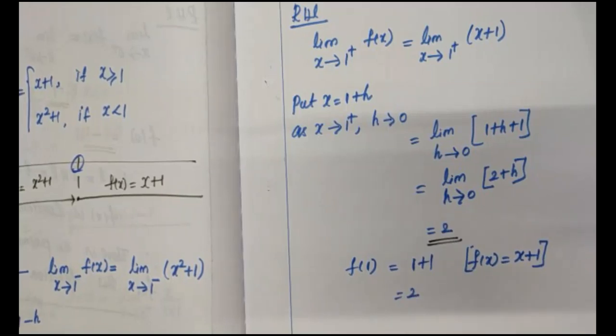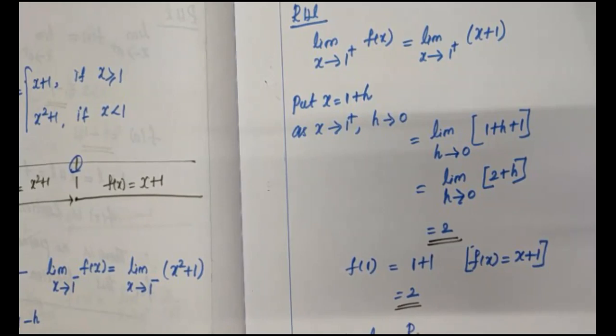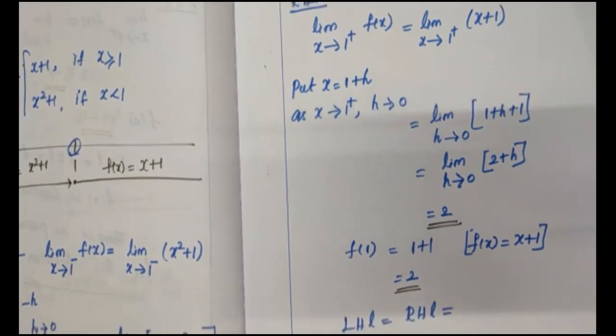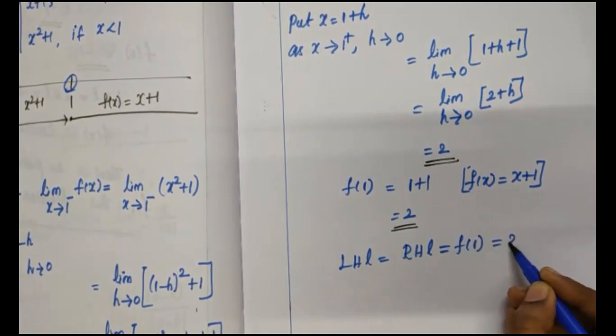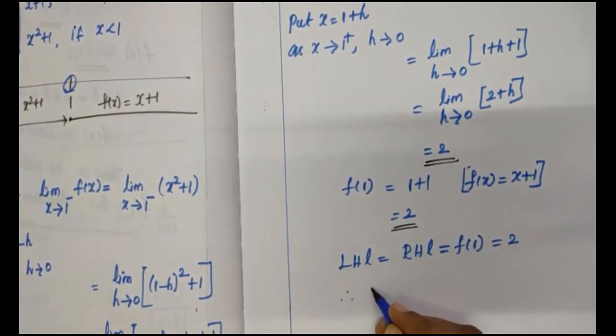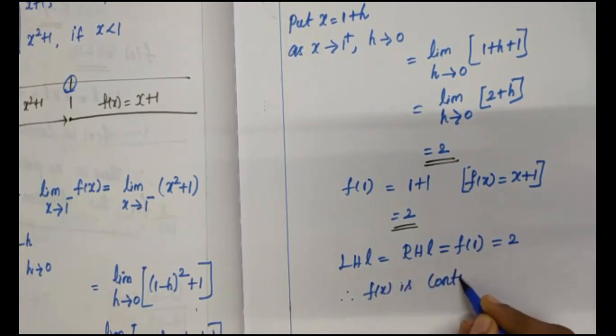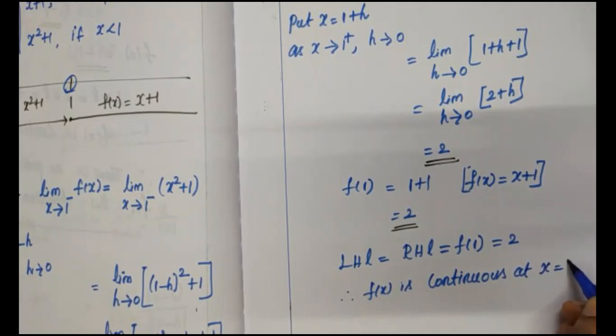So the left hand limit is 2, the right hand limit is 2, f of 1 is 2. So we conclude that the left hand limit is equal to the right hand limit is equal to f of 1, which is equal to 2. Therefore f of x is continuous at x is equal to 1.